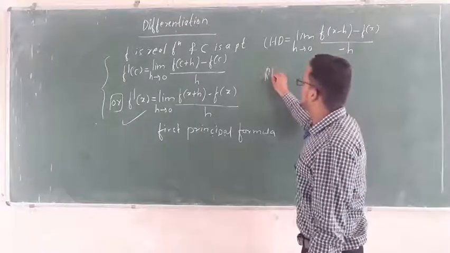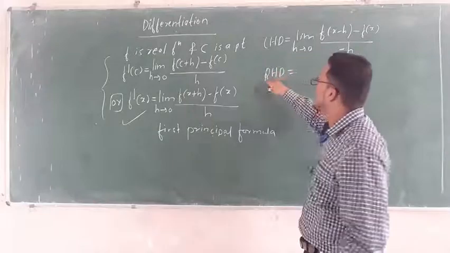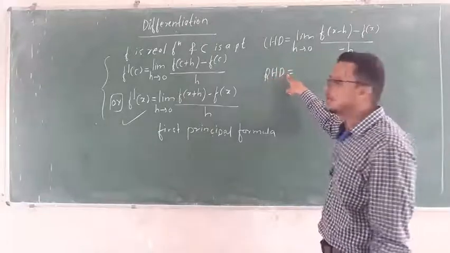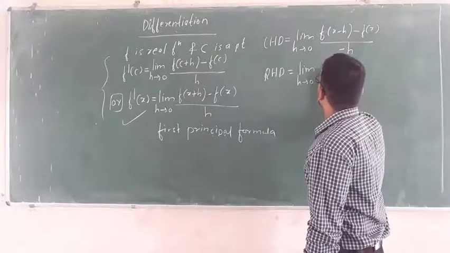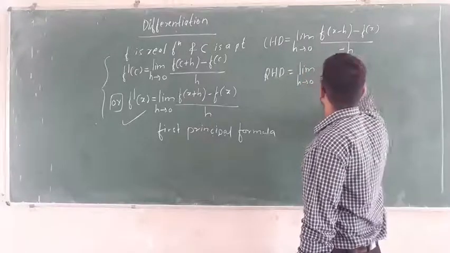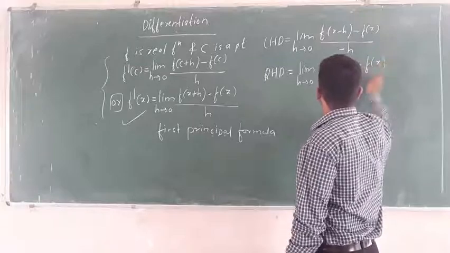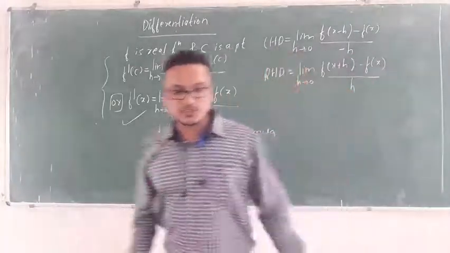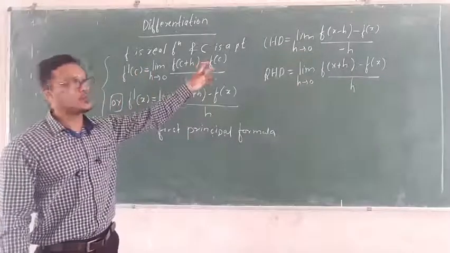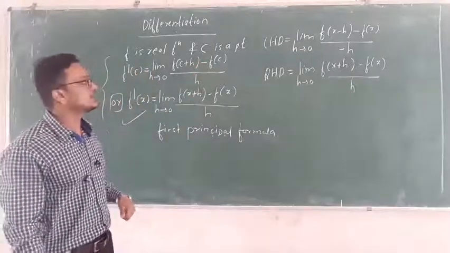And RHD means right hand derivative, that is limit h tends to 0 of f of x plus h minus f of x divided by h. So I think you will come to know the difference between LHD and RHD.